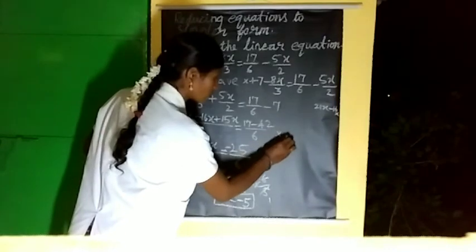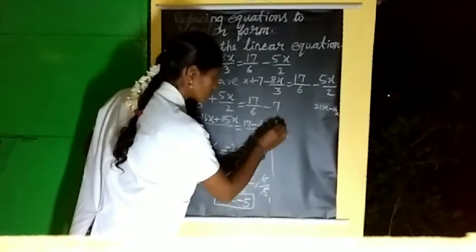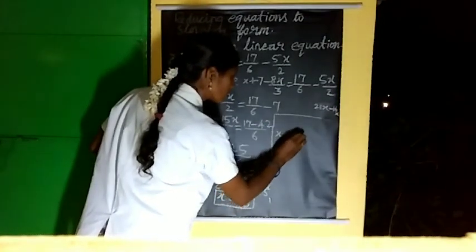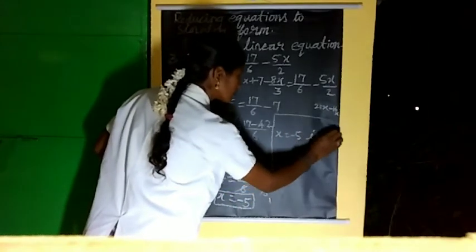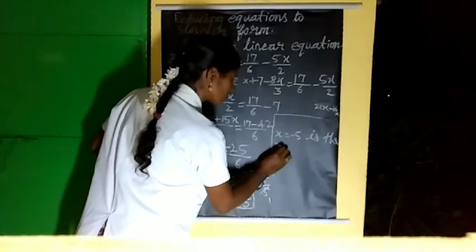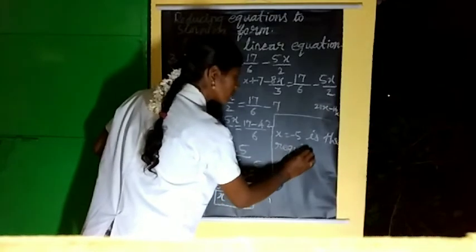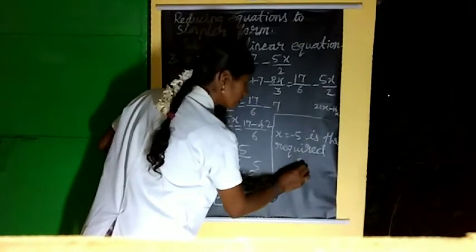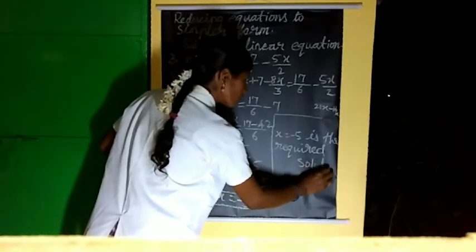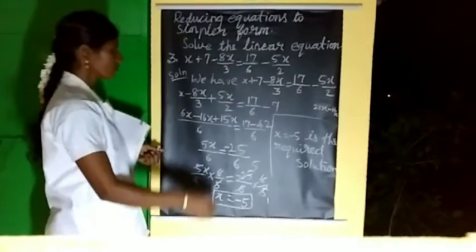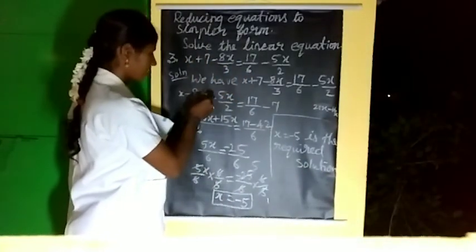So x is equal to minus 5 is the required solution. Understand? Once again, listen. x minus 8x by 3.